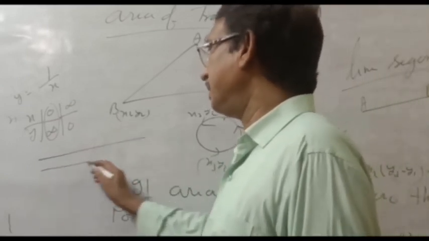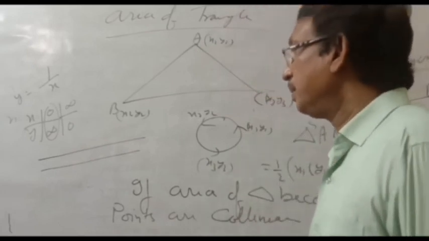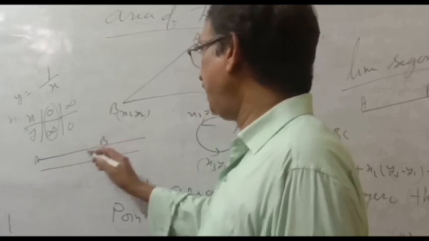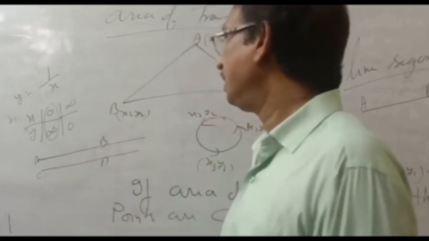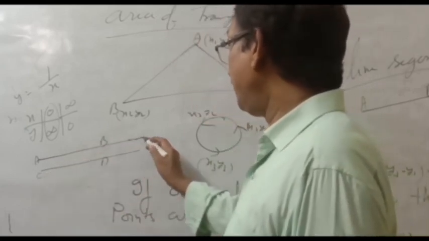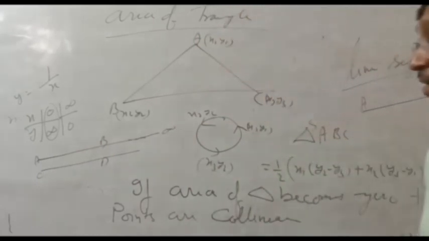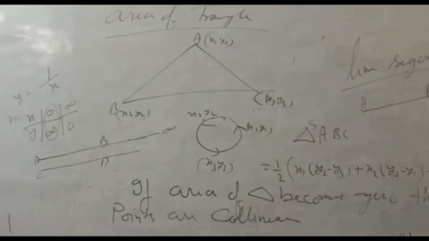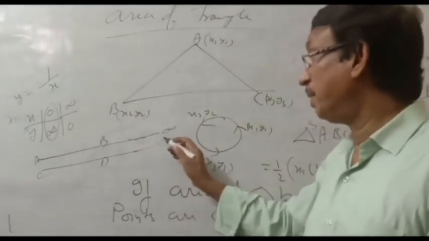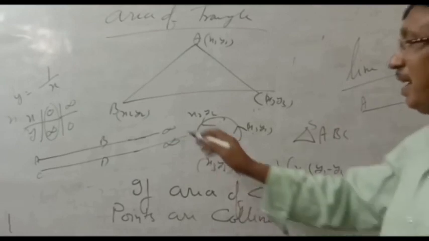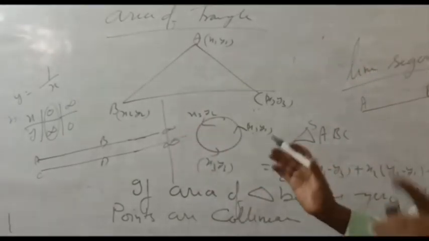Take two parallel lines AB and CD. One point lies at infinity. The distance between two parallel lines is always the same, but they meet at infinity. What happens at infinity we don't know, so infinity is like a wall where they meet.